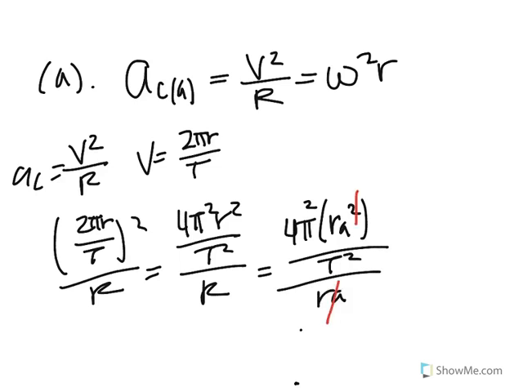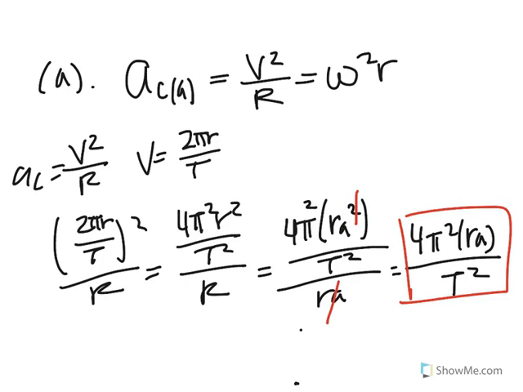RA and RA cancel, which will give us 4 pi squared RA divided by T squared. And that's our answer.